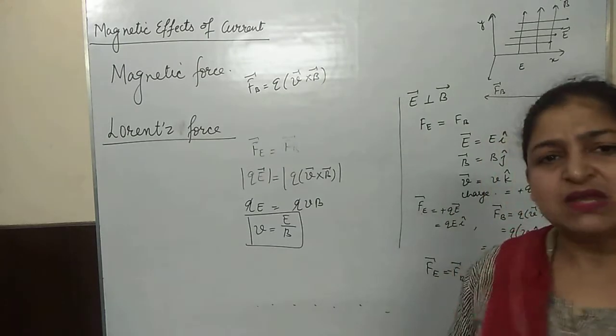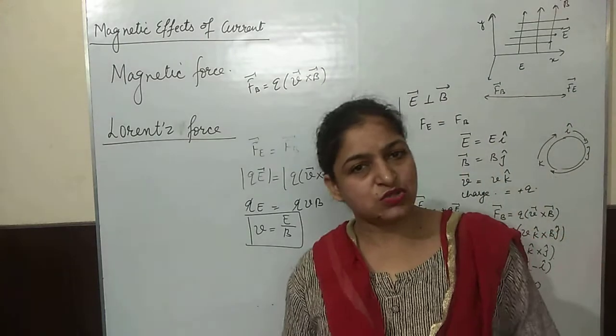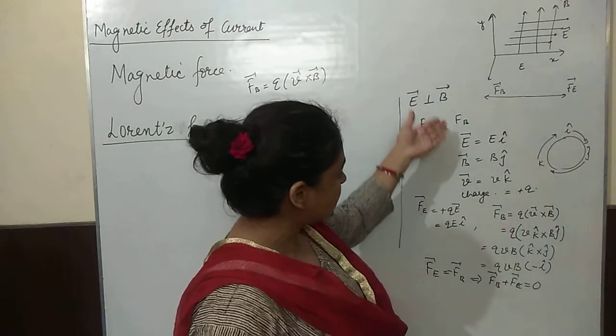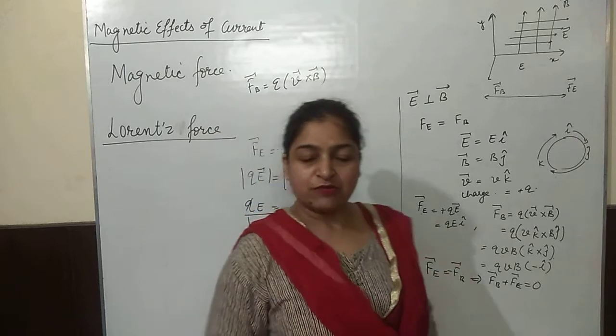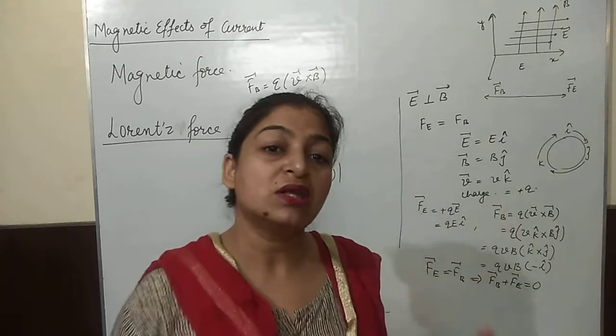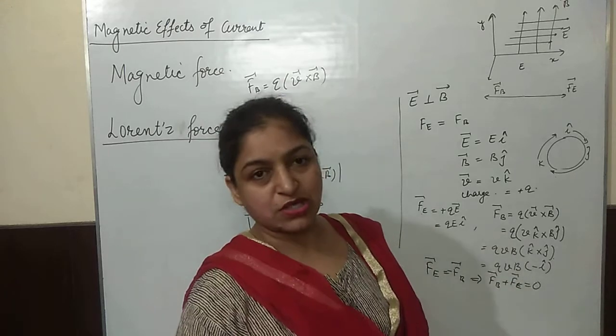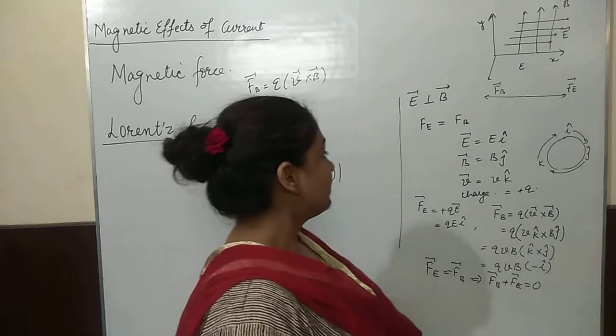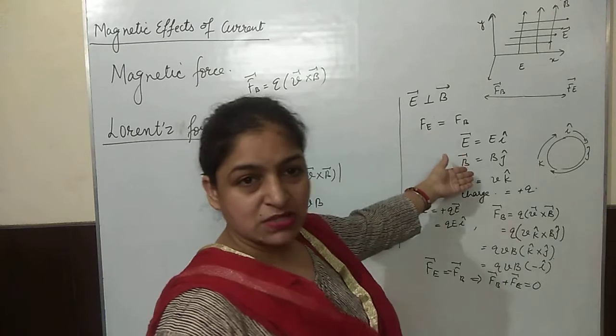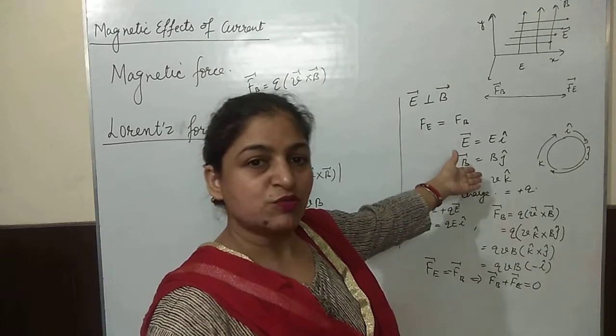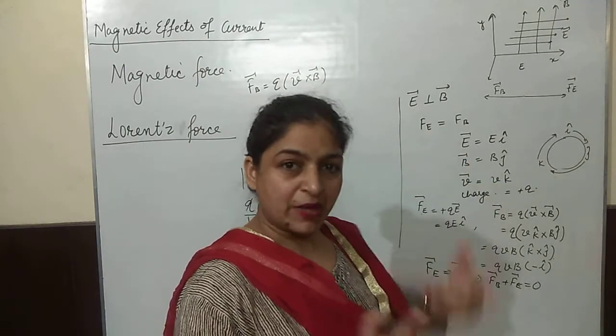So you may be given any type of situation, and whenever it is given, you simply solve the questions like this. If both of the forces are equal or not equal, you can find out the direction of both of the forces. Here we have considered a particular situation in which both of the fields are perpendicular to each other.